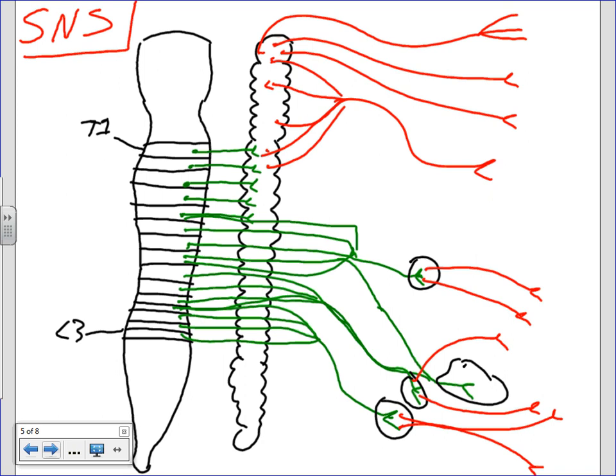Now, when we look at the layout of the sympathetic versus the parasympathetic nervous system, you're going to see some differences.